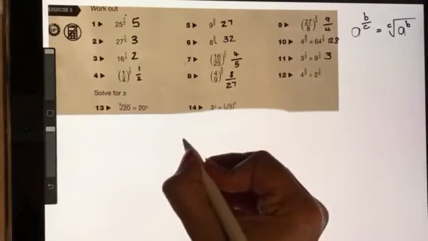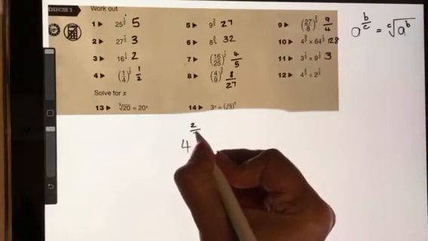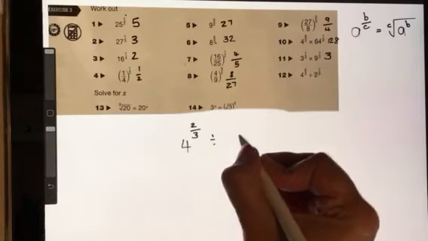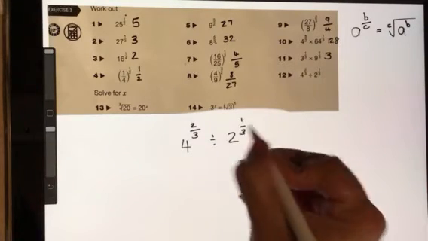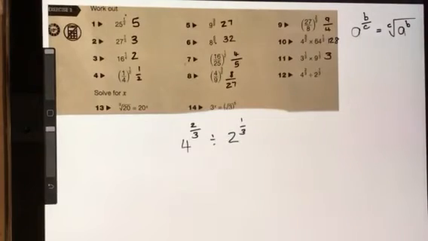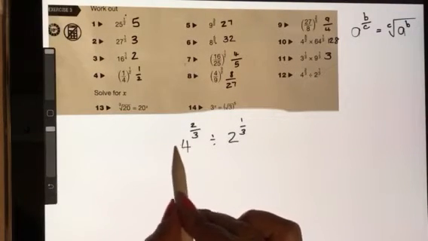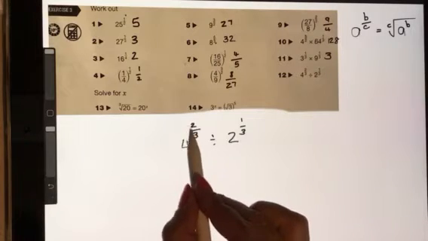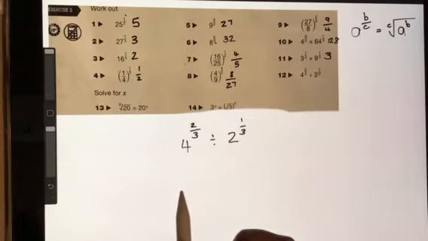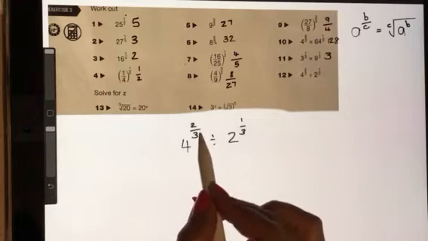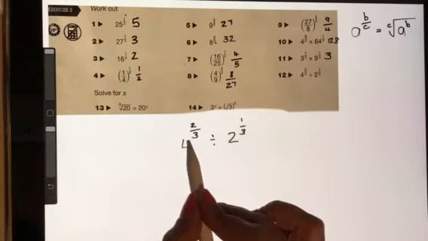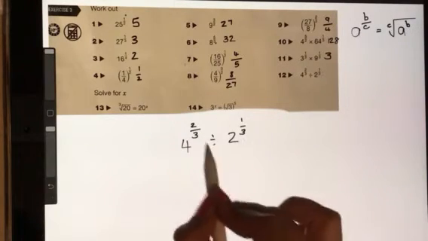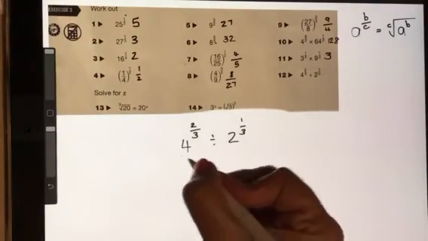Number 12, we've got 4 raised to the power of 2 over 3 divided by 2 to the power of a third. Now there's two ways in which you can do this. You can either decide to change this 4 into a 2 squared and then multiply the powers with one another, or you can decide to change this into a root.